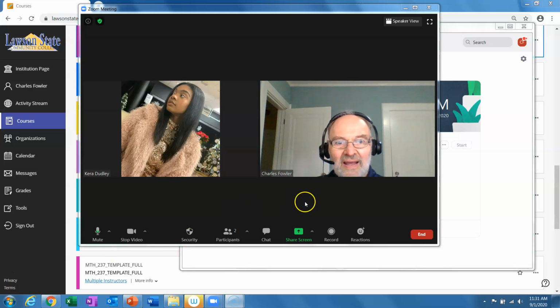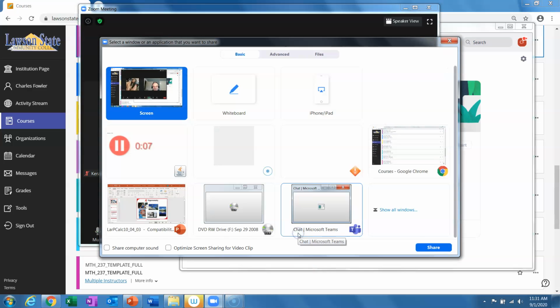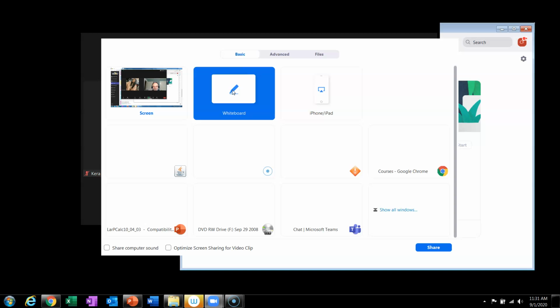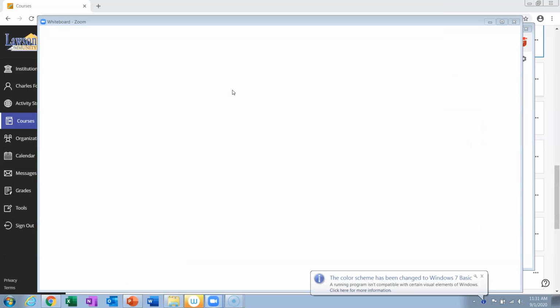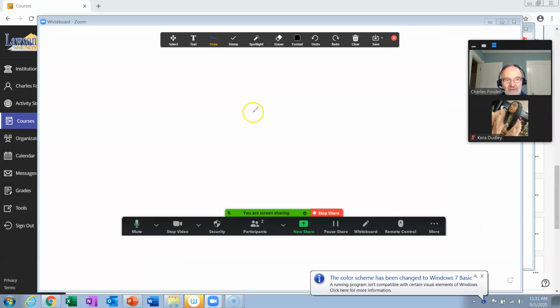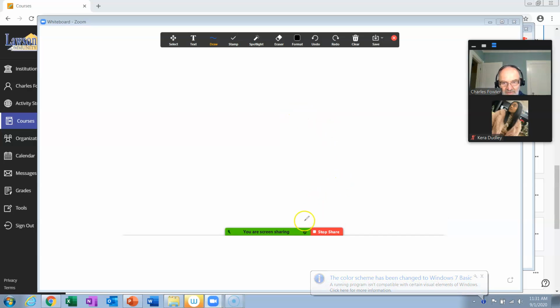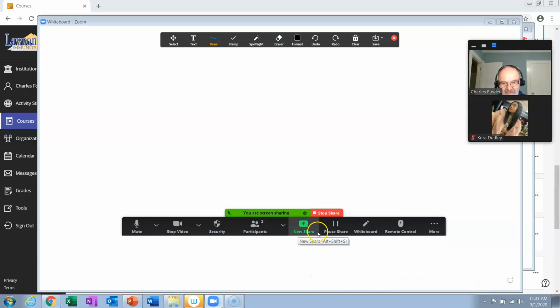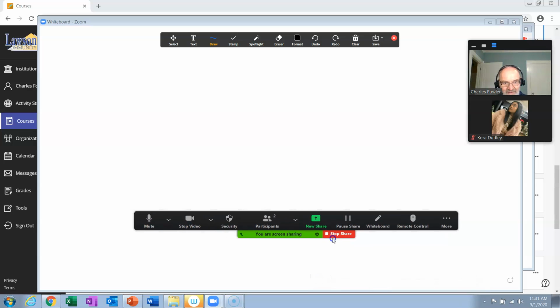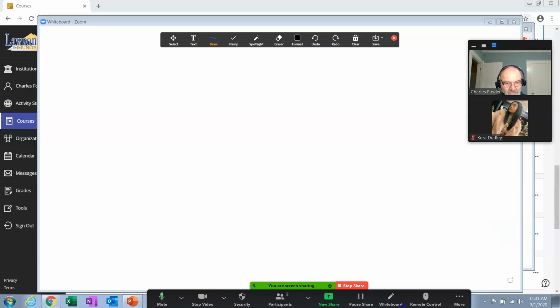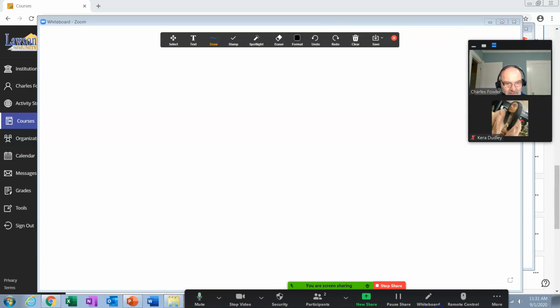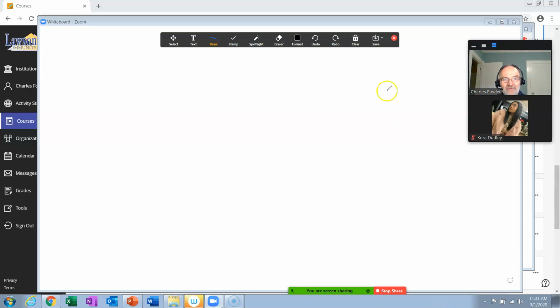All right, and I'll also start the screen share with the whiteboard. Okay, and now I will move things around because these toolbars occupy part of the place where I try to write.